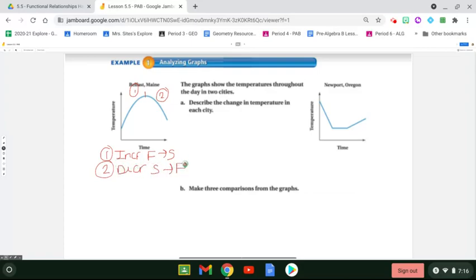All right, next thing we're going to look at is Newport, Oregon. And we're going to split that graph up into a couple different sections. So I see 1, 2, 3 different sections. And these are all linear. So the first section, it's decreasing, but at a steady rate because it is linear.